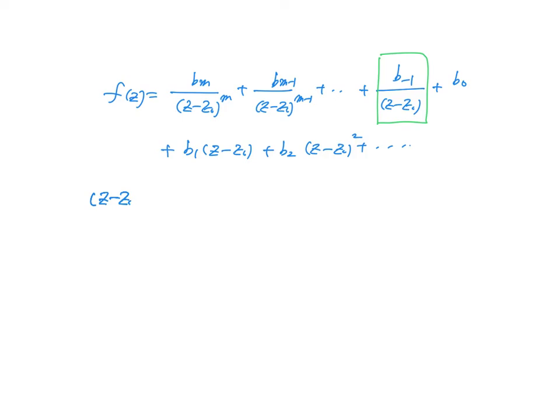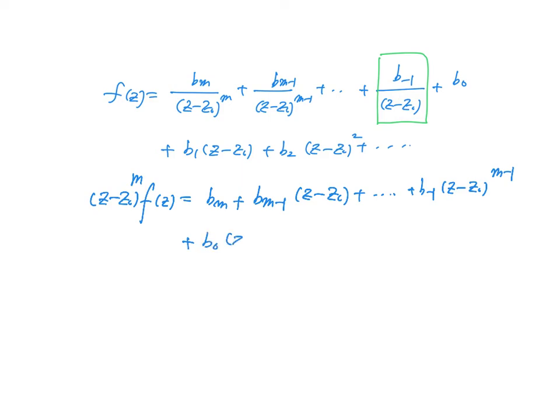I'm going to multiply z minus z naught to the m times f z. Then we have Bm plus Bm minus 1 times z minus z naught, plus etc., plus B minus 1 times z minus z naught to the m minus 1, plus B0 times z minus z naught to the m, plus etc. So what happens if we differentiate m minus 1 times over this?